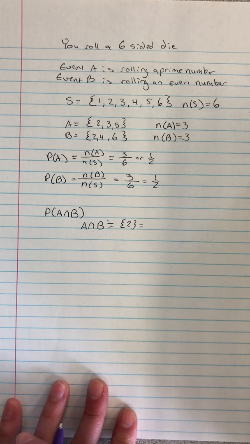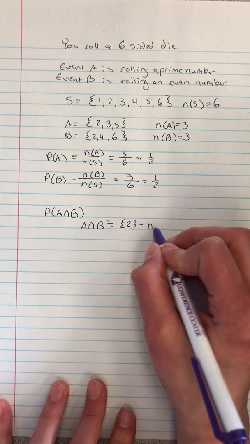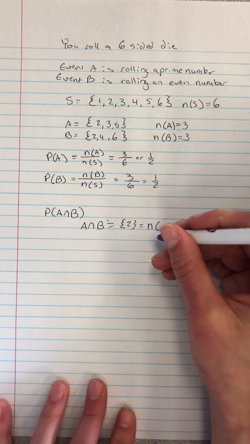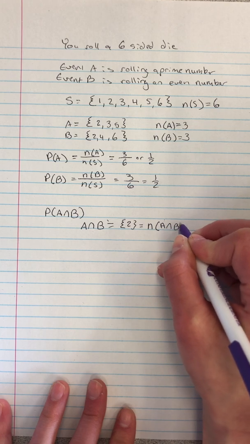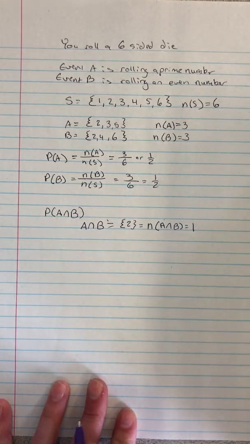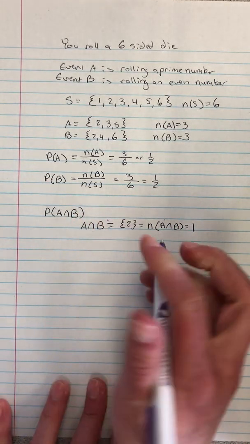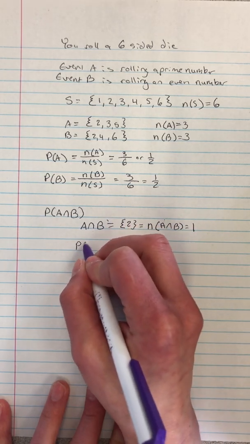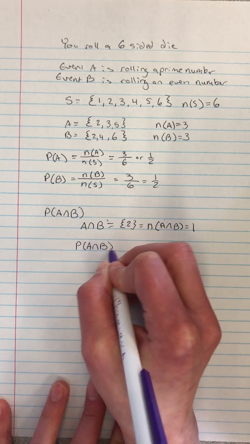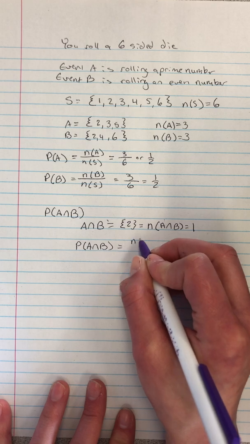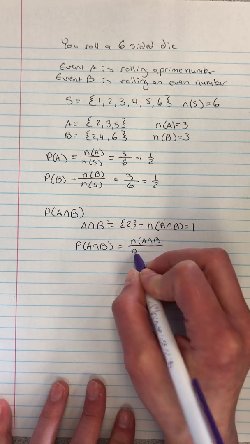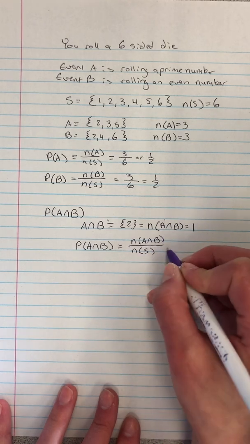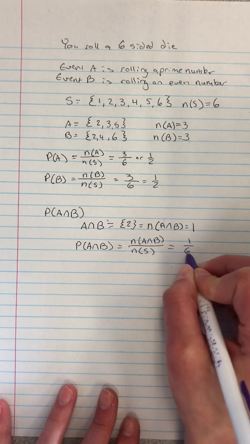So the number of outcomes for the intersection of A and B is just 1. So the probability of A and B is the number of outcomes for A intersect B over the number for the entire sample, or 1 over 6.